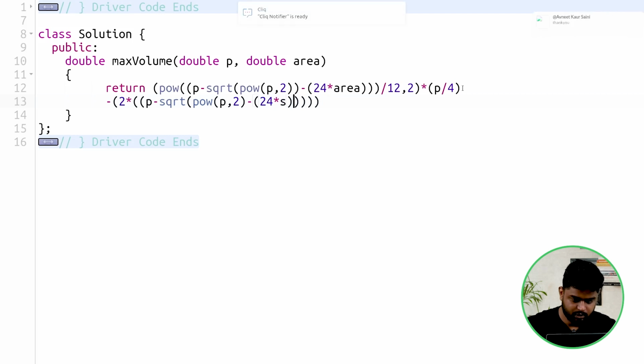Then you'll close all these brackets, and then you will divide this by 12 here.